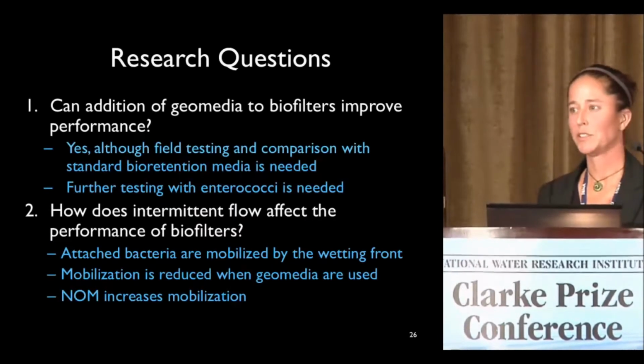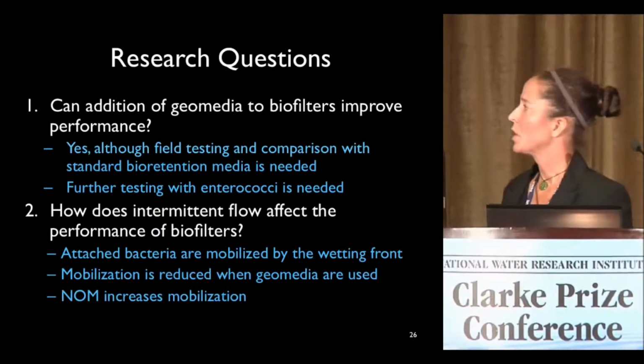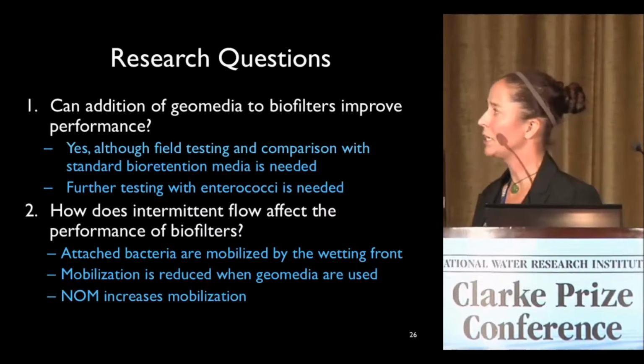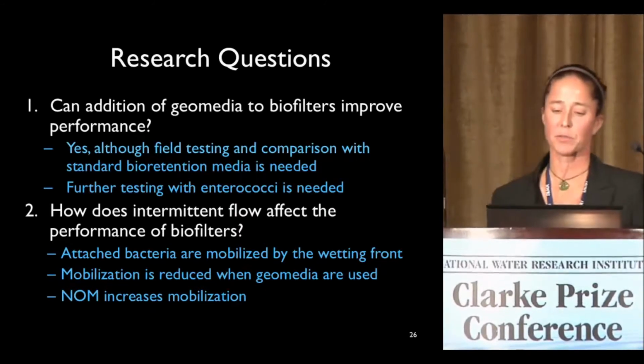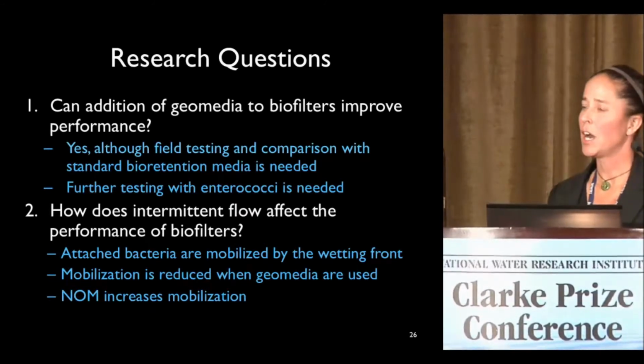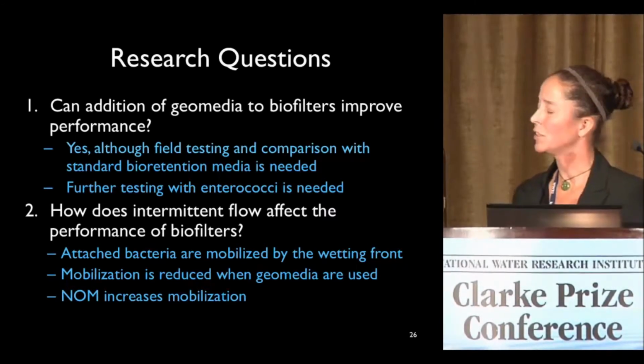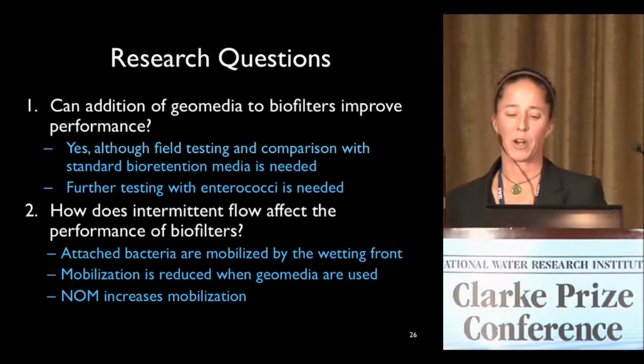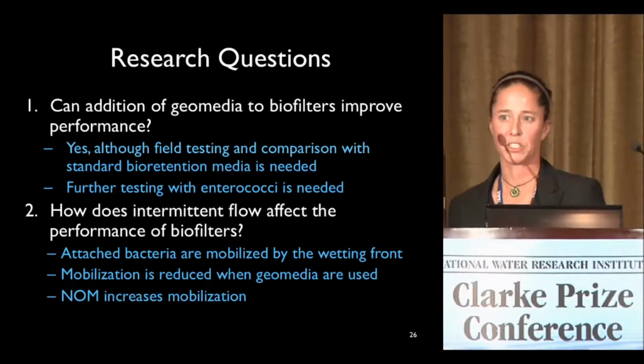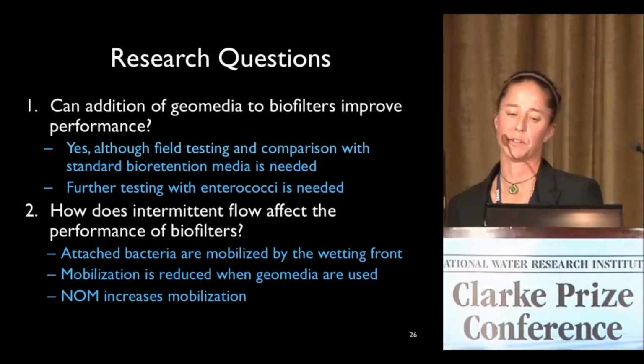Okay, so for these 2 research questions, we found that geomedia can enhance the retention of E. coli in this model biofiltration system, although the next step really is field testing and also comparing with standard bioretention media that consultants are using in the field.